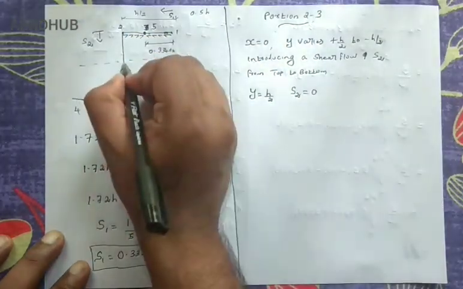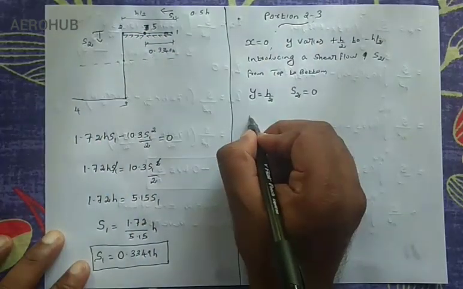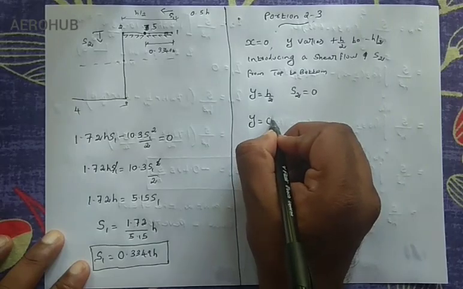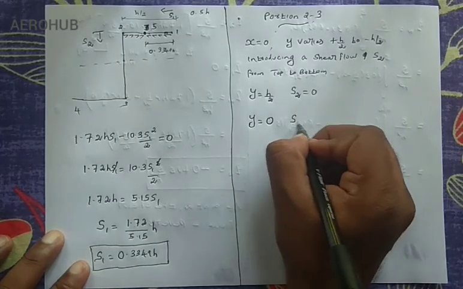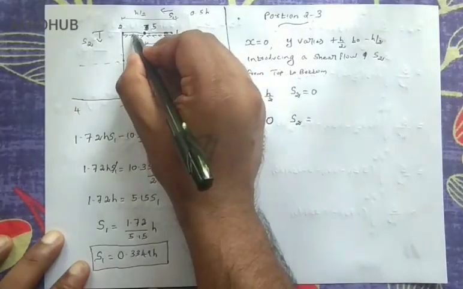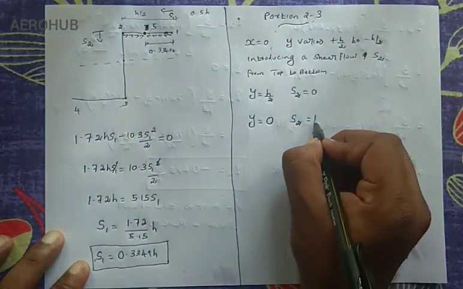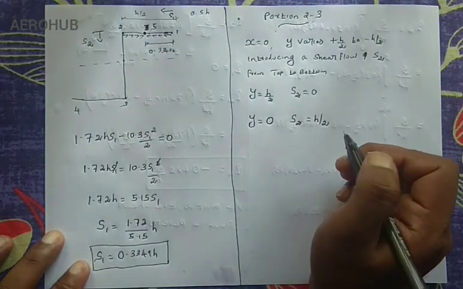Now at this point, the value of Y is 0, that is at the centroid, and S2 will be equal to the total distance here, which is H by 2.